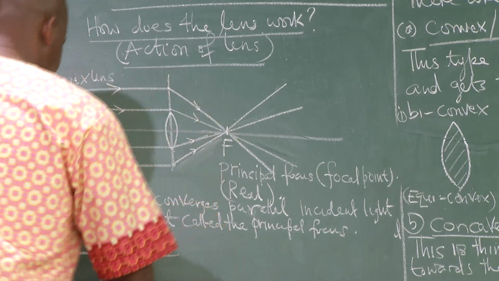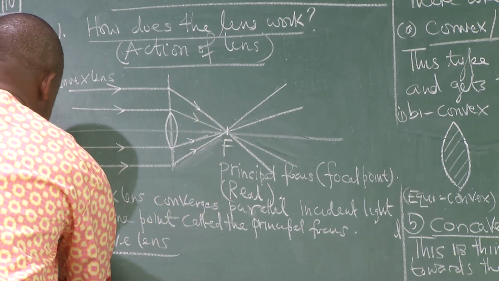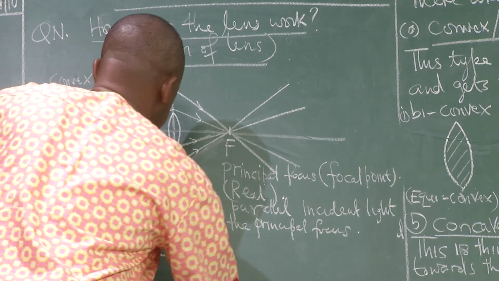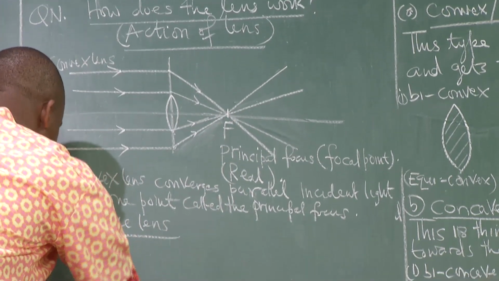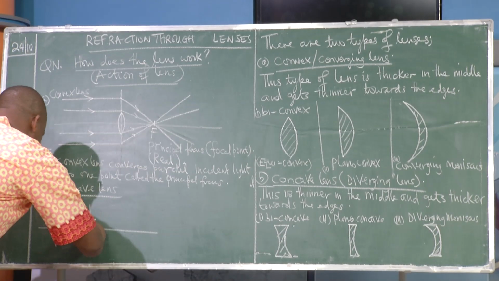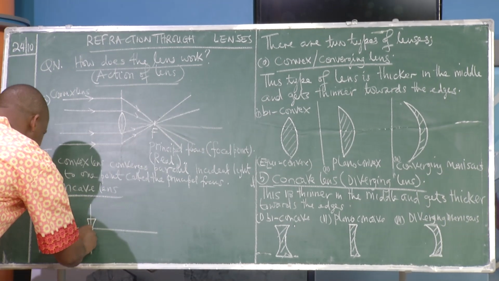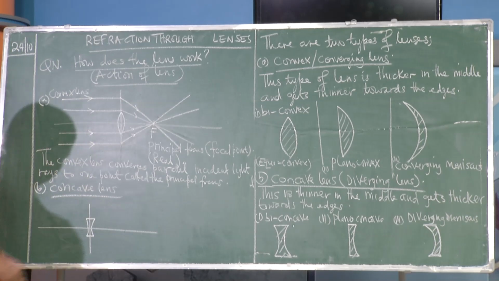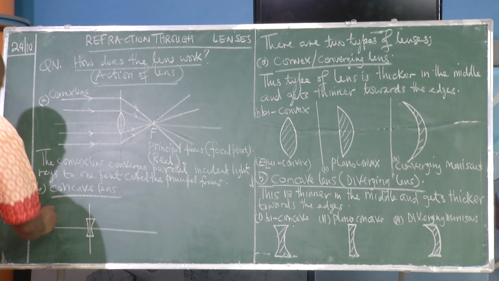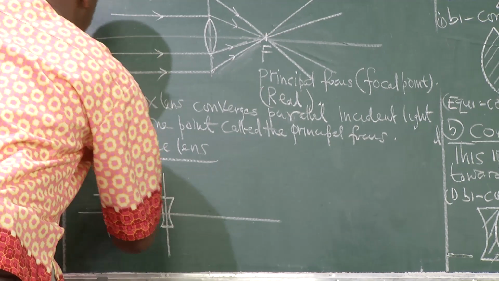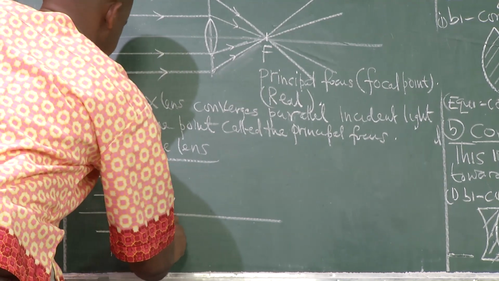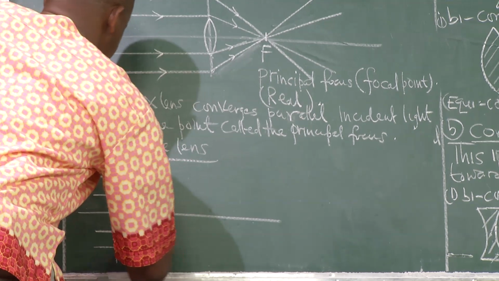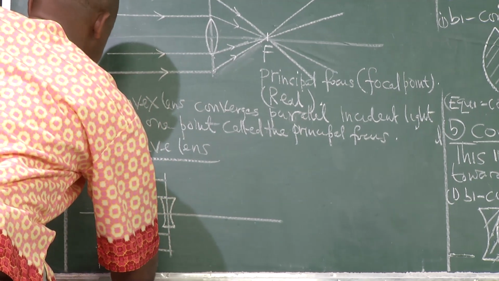The concave lens, on the other hand, if I consider this diagram and I again illustrate a small representation of my concave lens at the center, for any ray that is incident parallel to the principal axis.